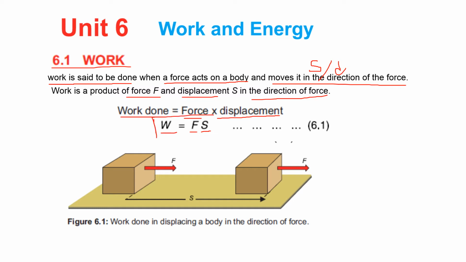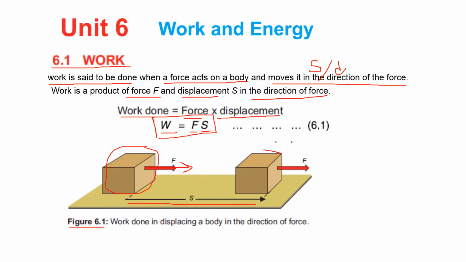Here in figure 6.1, the example is given. This is a box, and we are applying the force in this direction. When we apply the force in this direction, the body moves in the direction of force, and suppose we put the block over here, right?